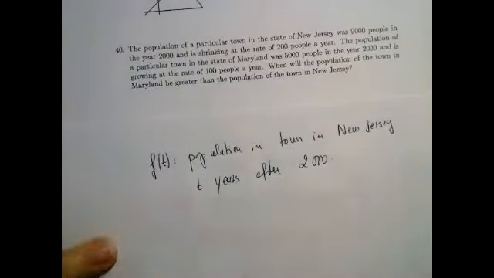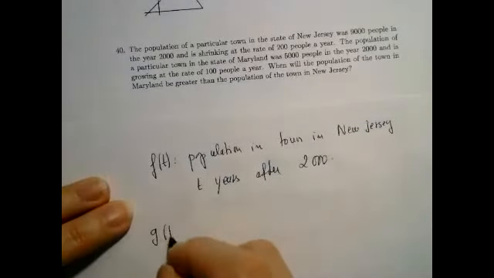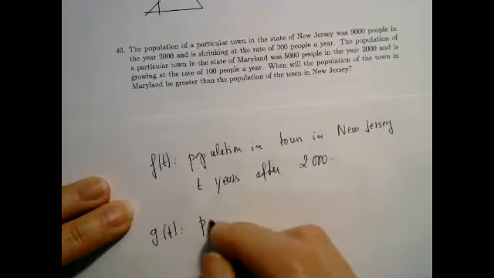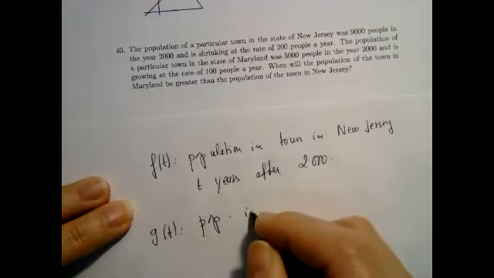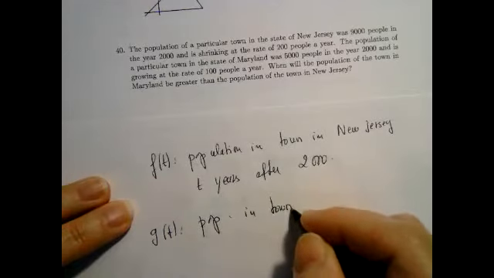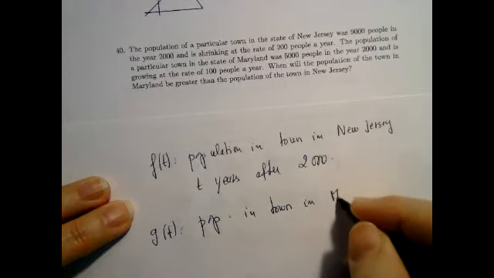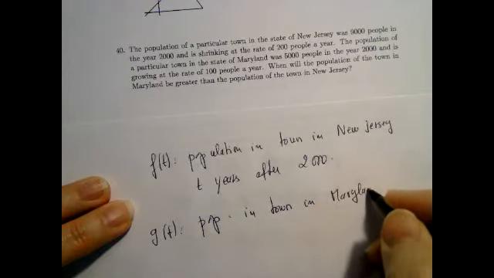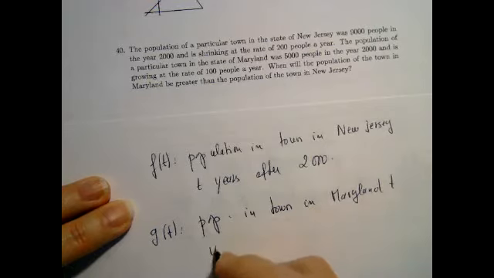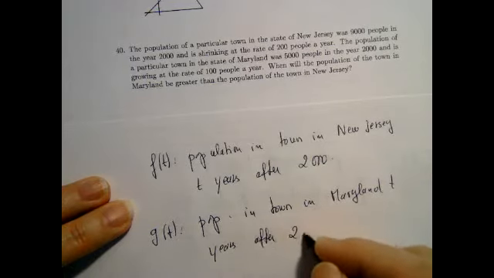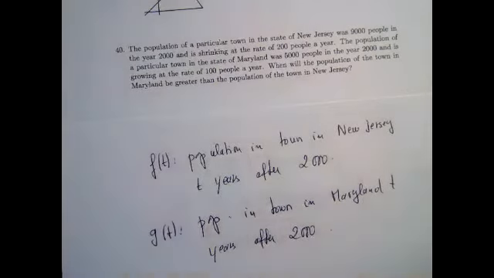And g of t, another one, is the population in the town in Maryland, t years after 2000. All right? So we have two populations, so we have really two functions.